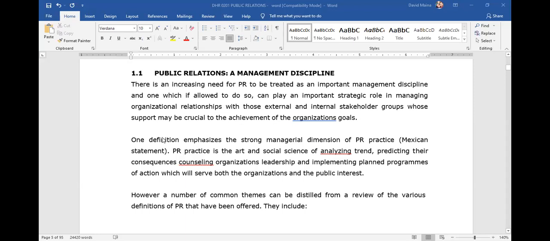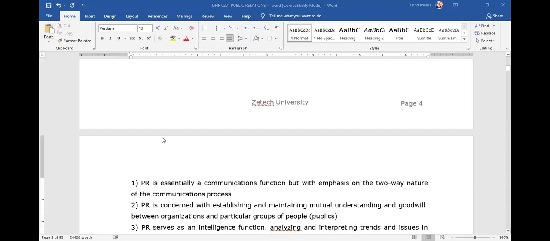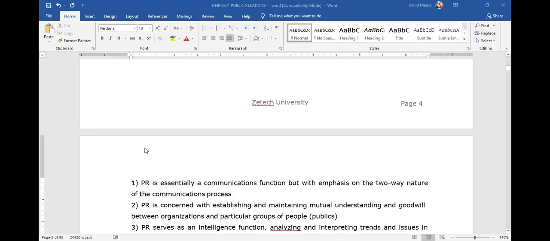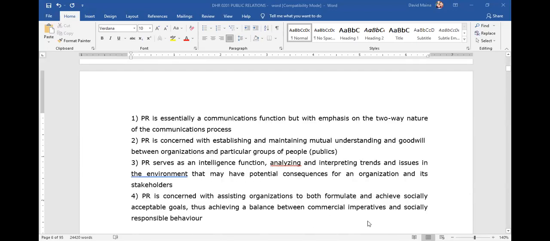So we have looked at the definition. So I'm moving to something else. And we are saying that however a number of common themes can be distilled from review of the various definitions of PR that have been offered. So these are things that you get from the definitions that we have read.